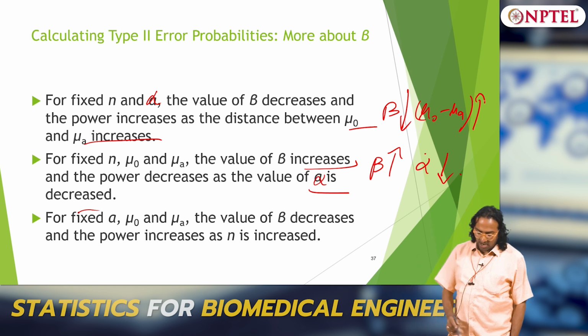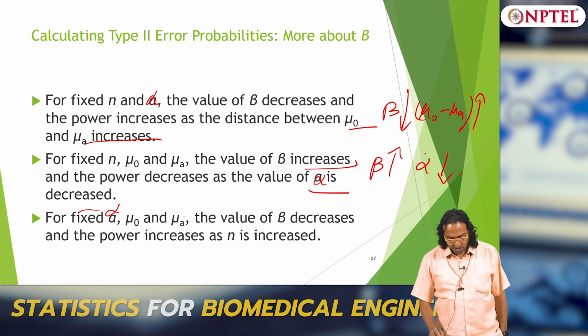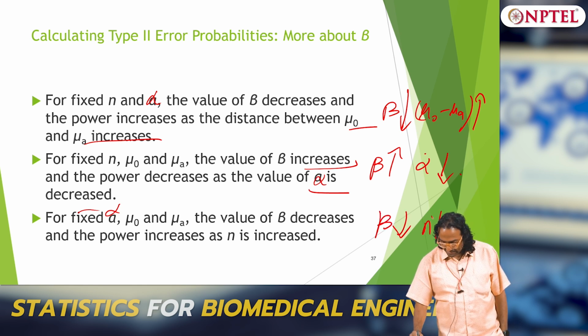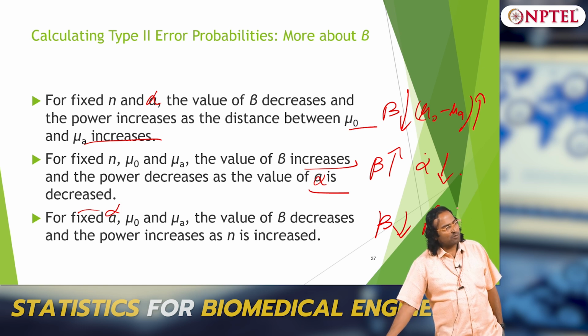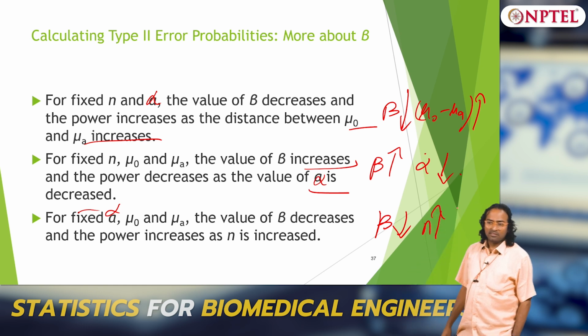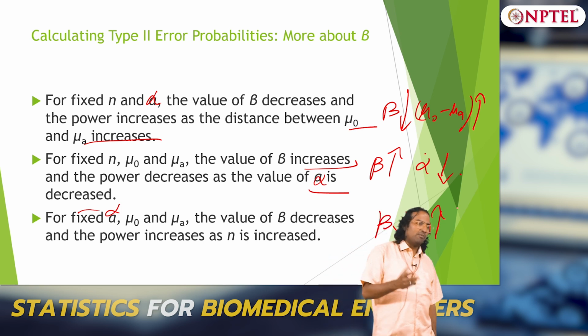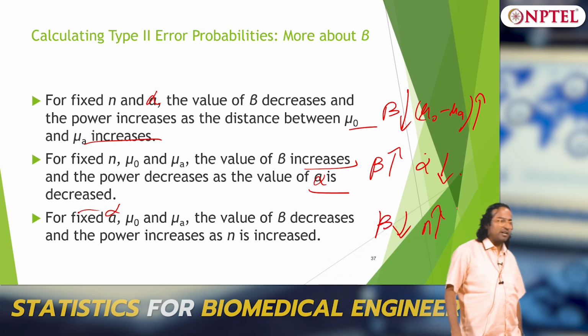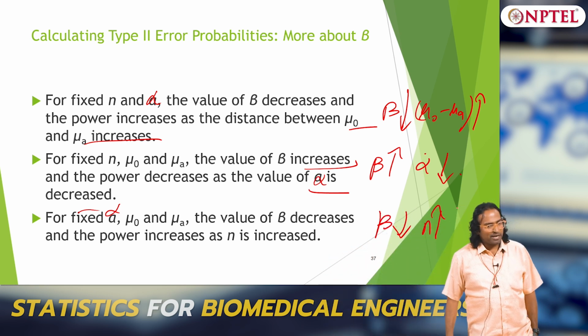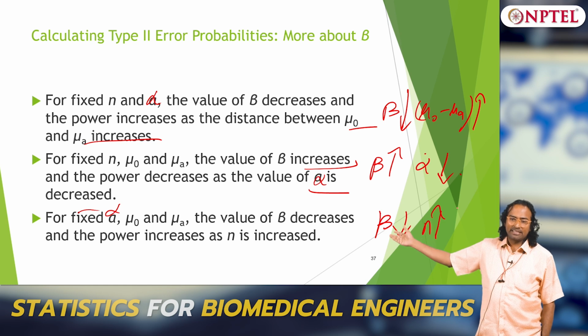Or for a fixed alpha, mu naught and mu a, the value of beta decreases as n is increased. Thus the last statement is what we can use. The others, if you touch them, you are touching either the type 1 error or you are not able to resolve fine. If you want the first two to be constant, the only way to bring down beta is increasing the value of n.